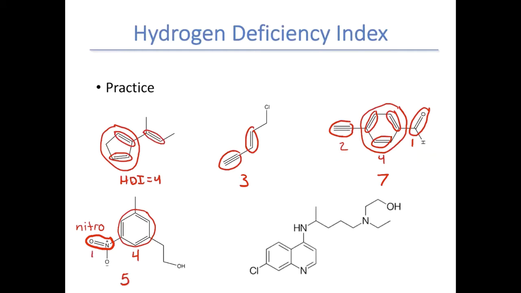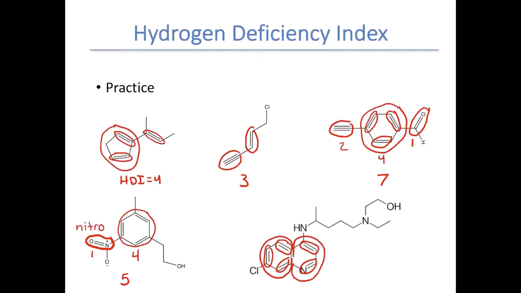Our final structure we see here is one that has been in the news quite often recently. This is the structure of hydroxychloroquine. We can see, even though it looks complicated, we can still determine the HDI. We can see we have 1, 2, 3, 4, 5 pi bonds, and then 1, 2 rings.